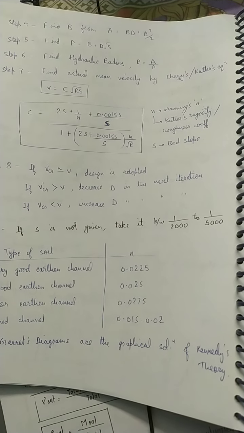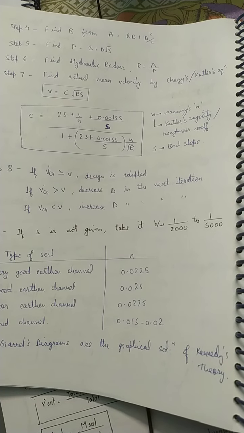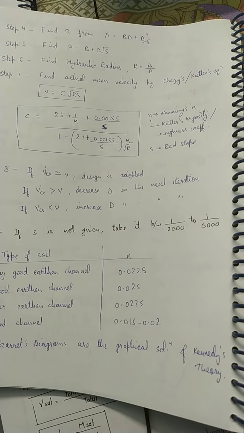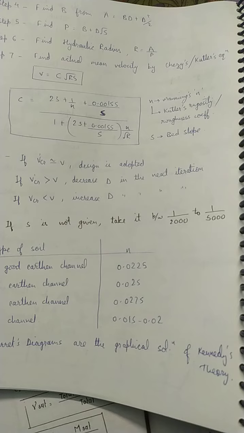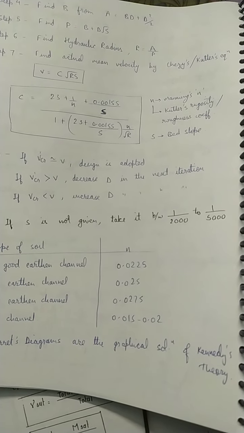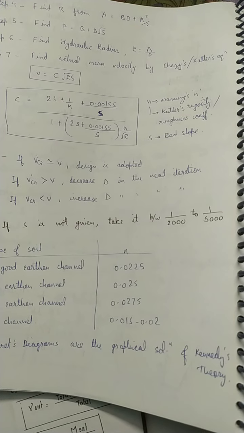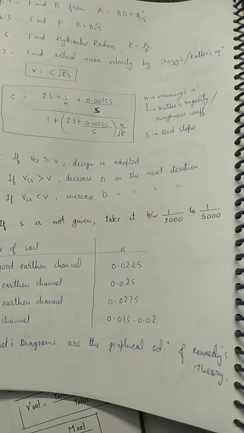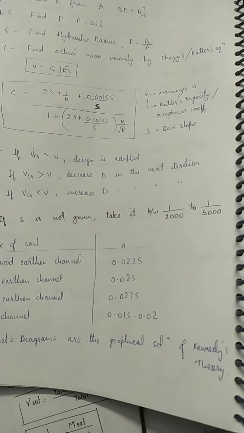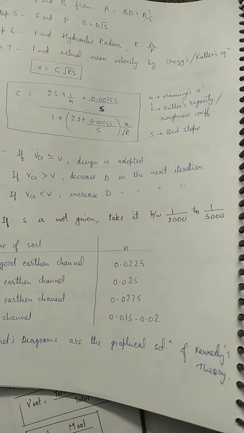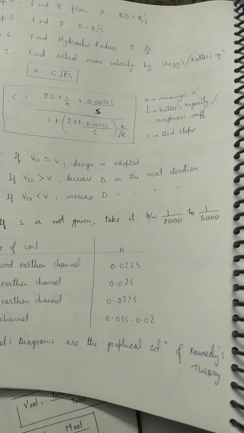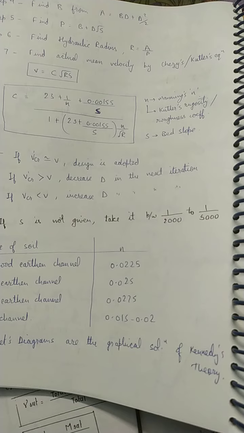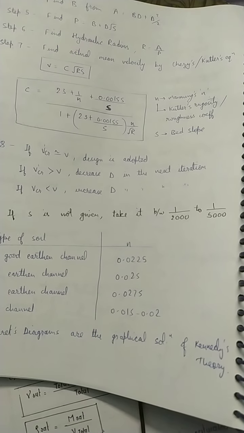N is Manning's N, also called Kutter's rugosity coefficient. The formula for C is equal to (1 by N plus 23 plus 0.00155 by S) divided by (1 plus N by root R multiplied by (23 plus 0.00155 by S)).